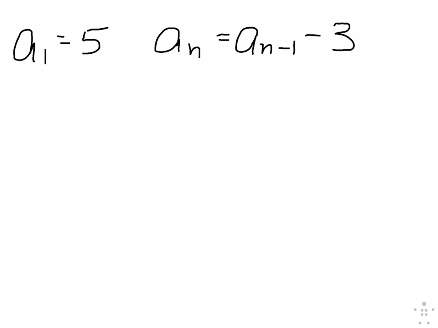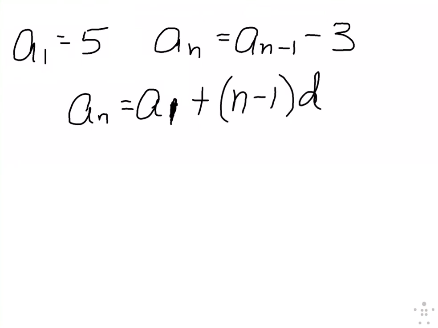Okay, so for this one it says write the explicit rule. This is in recursive. We need to write it like this. A sub n equals a sub 1, plus n minus 1 times d. The reason why we need to write it this way is because if it's adding and subtracting, we need to write it in arithmetic form. That's the explicit rule formula.